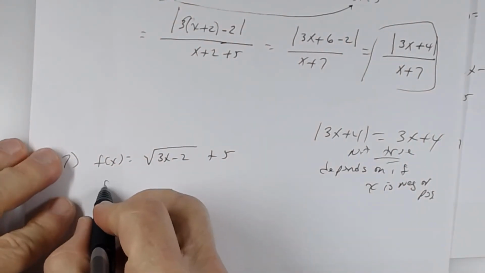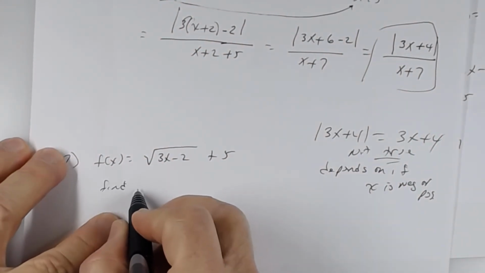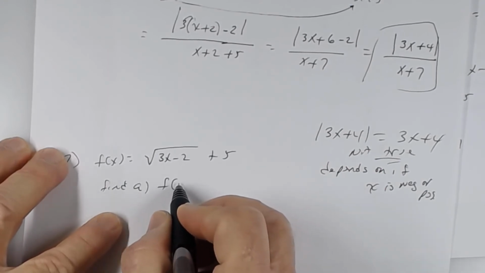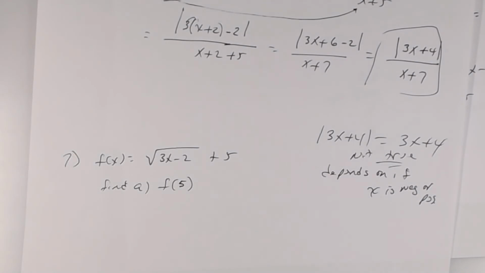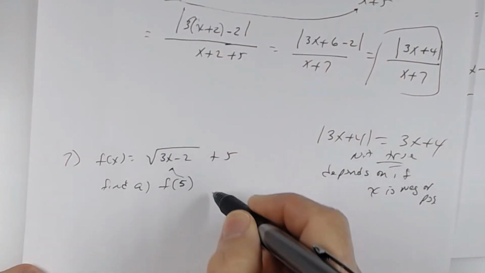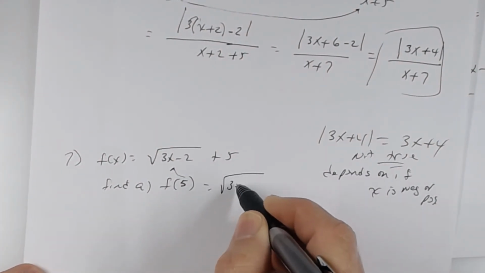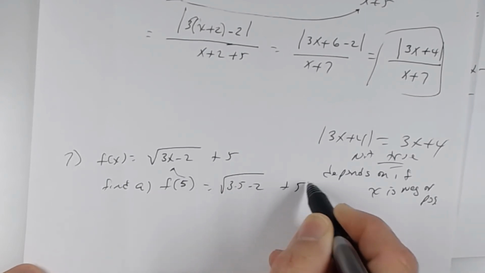And you want to find f of, let's say, 5. F of 5. So where we see the variable x, what do you substitute? 5. So I get the square root of 3 times 5 minus 2 plus 5, right?